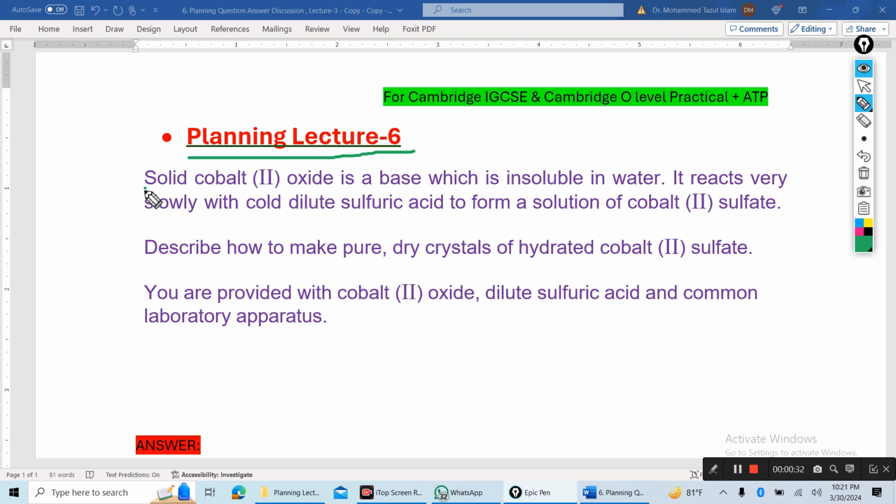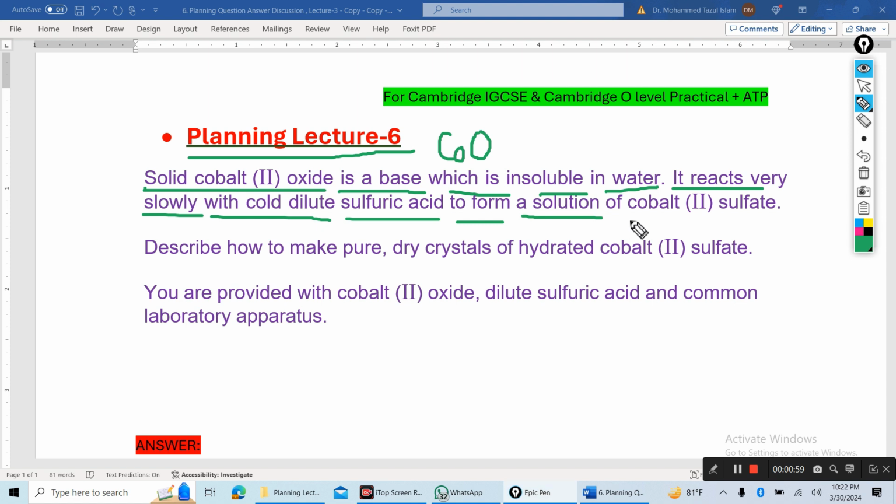You are asked about solid cobalt(II) oxide, CoO. Cobalt(II) oxide is a metal oxide, a basic oxide, which is insoluble in water. It reacts very slowly with cold dilute sulfuric acid to form a solution of cobalt(II) sulfate.